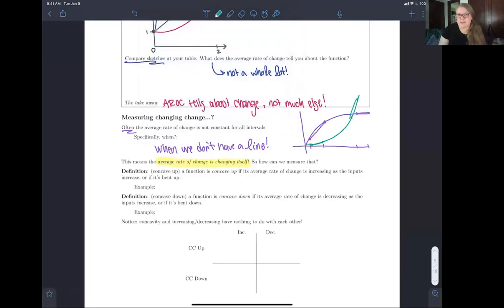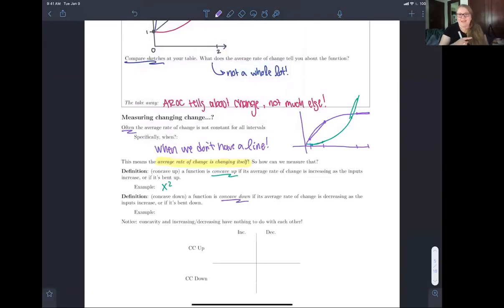That would be an increasing average rate of change. That is the distinguishing factor between these two definitions, concave up and concave down. So a function is concave up if its average rate of change is increasing. So that's that green one. Something that's concave up would be like x squared. Well, a function is concave down then if its average rate of change is decreasing. That would be like this purple one.